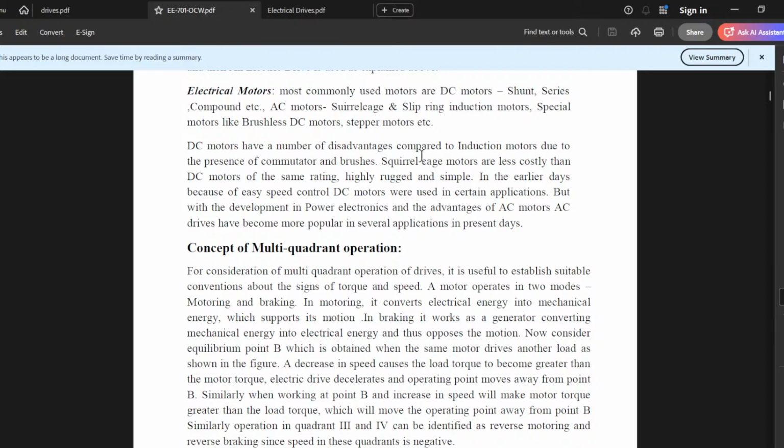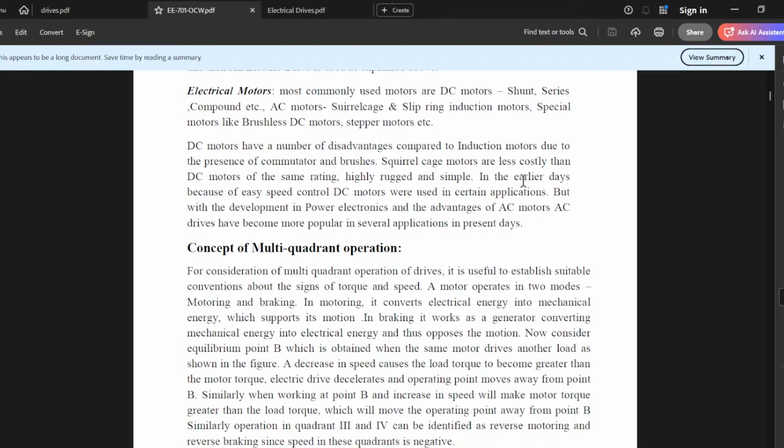DC motors have a number of disadvantages. Now let's see. Edison is losing right now in this paragraph. So DC motors have a number of disadvantages compared to induction motors. Edison motors are losing as compared to Tesla motors due to the presence of commutator and brushes. If you're not aware of this, you can look up an induction motor diagram and understand the benefit of these two things.